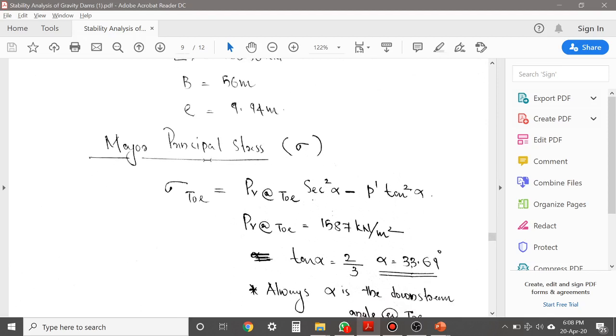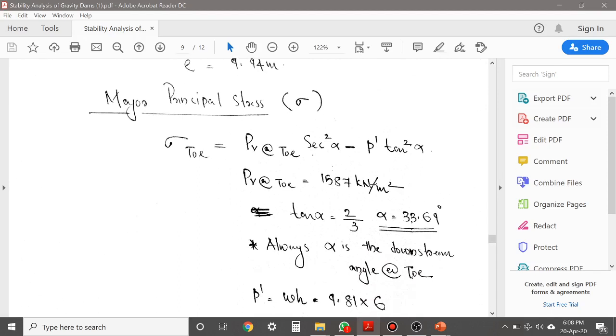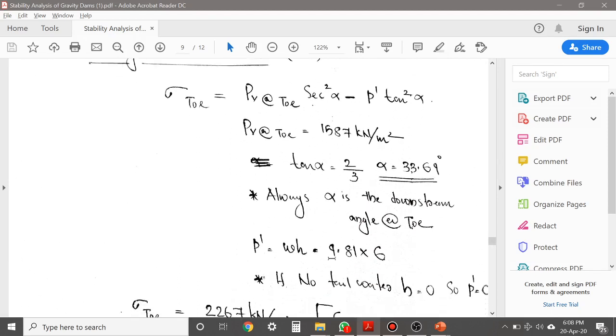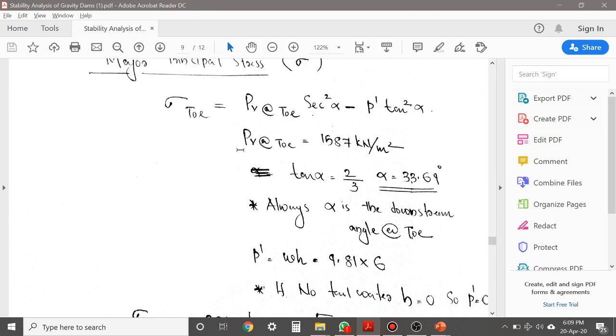Another term is P dash, where P dash is calculated by using the equation unit weight of water into small h, that will be equal to 9.81 into 6, where small h is the water level at the downstream direction of the dam.